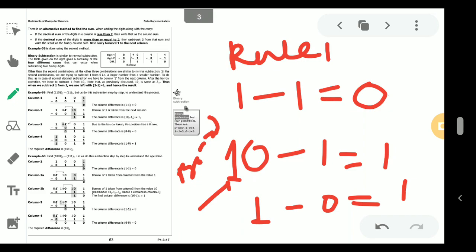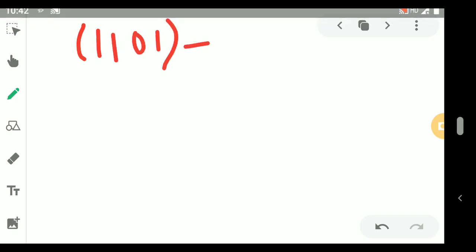Here one example is given: we have to subtract 11 from 1101. The question is 1101 minus 11 in base 2.